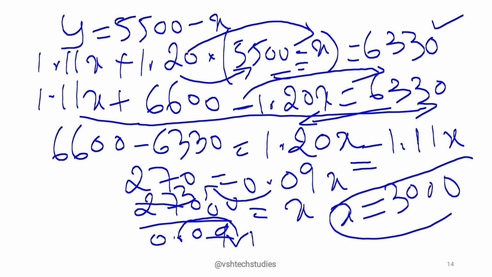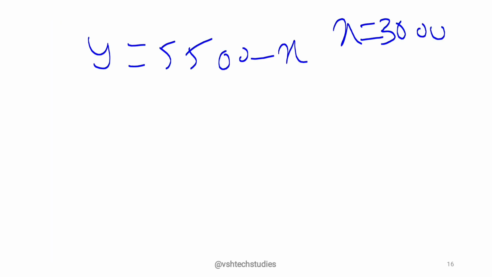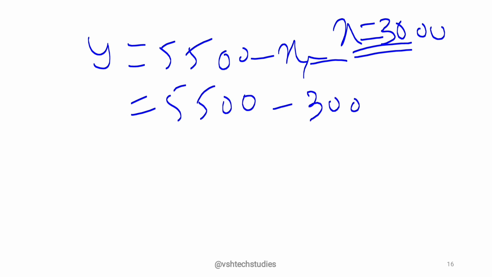This is the first value, the present population of males, that we have to put in this equation, right? We substitute x as 3000, then we get y. Okay, so x is found to be 3000, which we substitute here. 5500 minus 3000 is y.